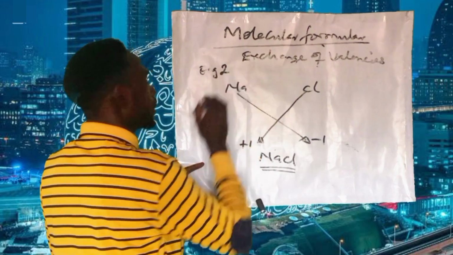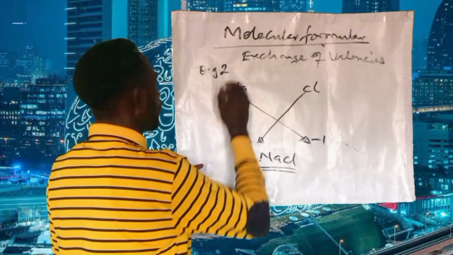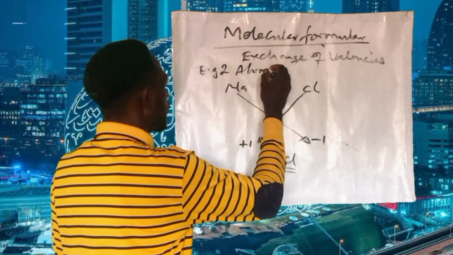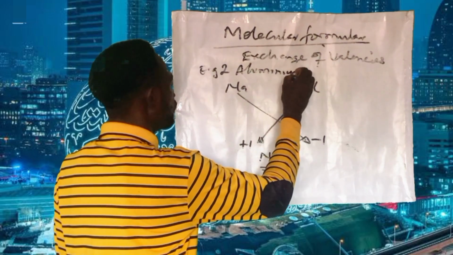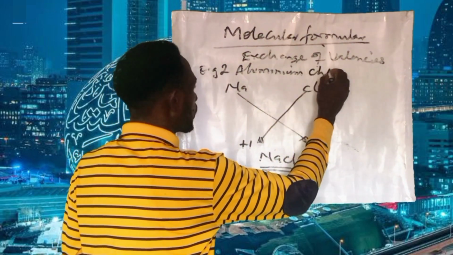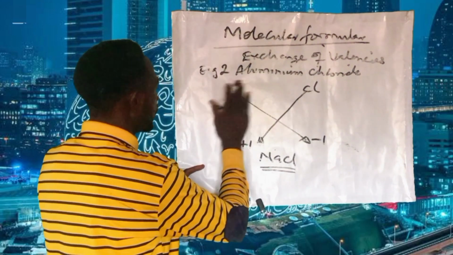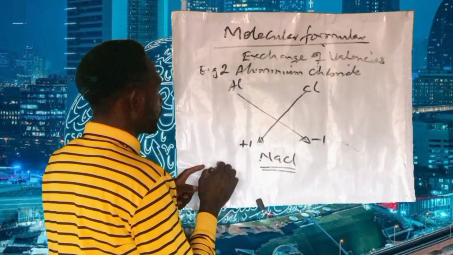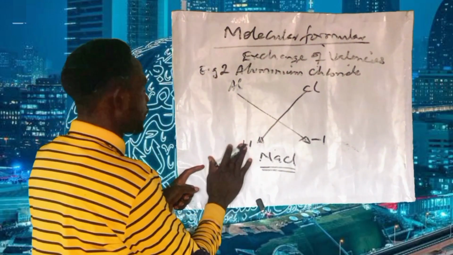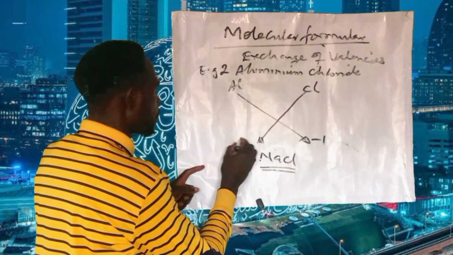Example 2, let us write the formula of aluminum chloride. The same chloride. So I'm going to change sodium here to Al, which is aluminum. And the valency of aluminum, because it's in group 3, is plus 3.